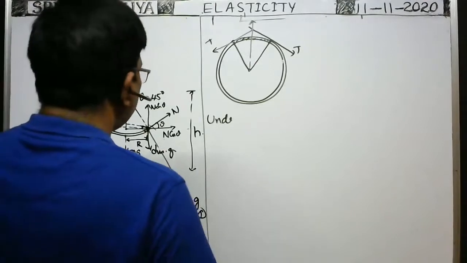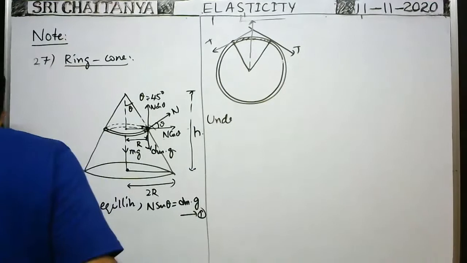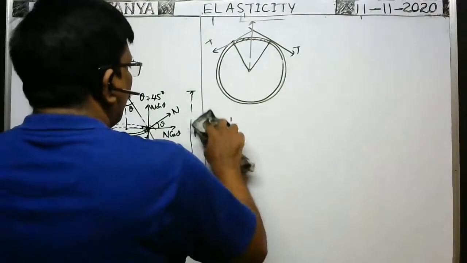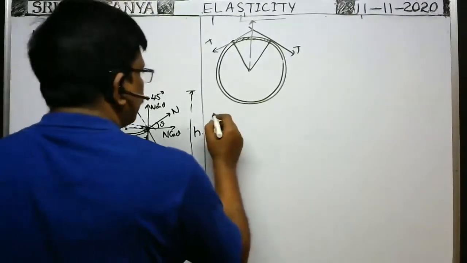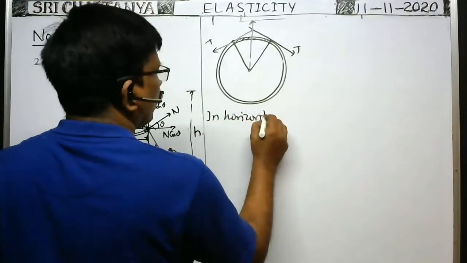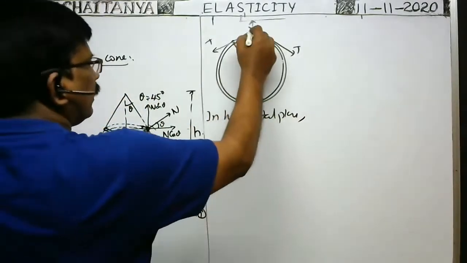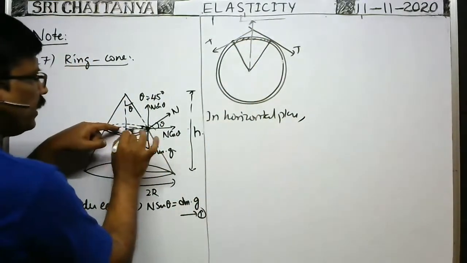Next, under equilibrium in the horizontal plane, N cos theta acts away from the center of the ring, in this direction.